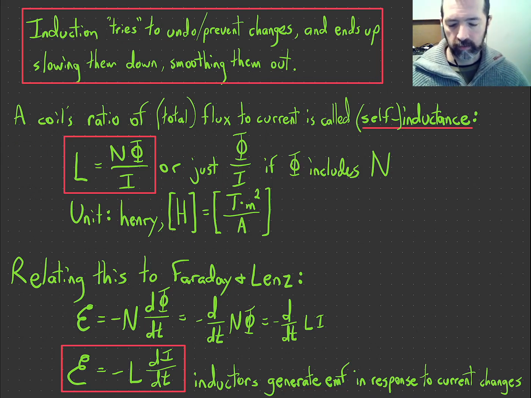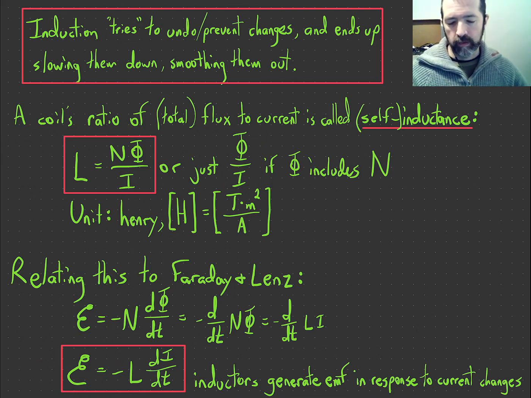The minus sign, again, is the Lenz's law part, and that tells you that the EMF it generates is going to be in the opposite direction from the current change. So if you try to increase the current, it's going to make a backwards EMF. If you try to decrease the current, it's going to make a forwards EMF. Always maintaining or trying to maintain the original current level.